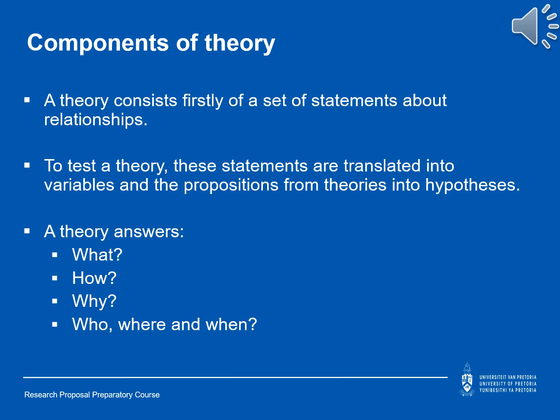We also use theory to establish which variables we need to observe and what we think the relationship between the variables will be. A theory, therefore, answers what we think explains our problem, how the concepts of theoretical foundations are related to our research problem, why they are related as we propose they are, and who, where, and when refer to the boundaries we set to the problem and our investigation.